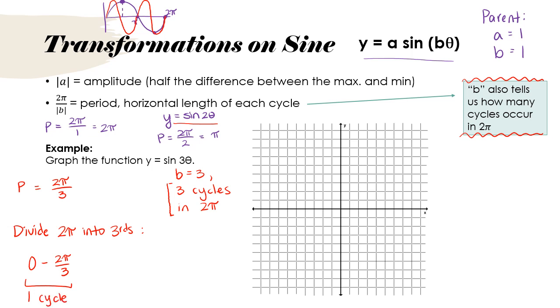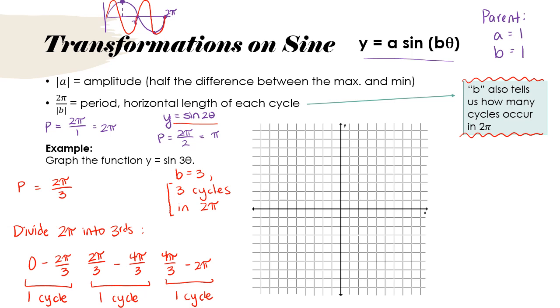Then, okay, what's the next third? From 2 pi over 3 to 4 pi over 3, there's going to be another cycle occurring. And next from 4 pi over 3 to 2 pi, that's our third cycle.